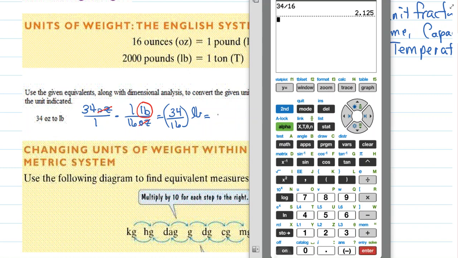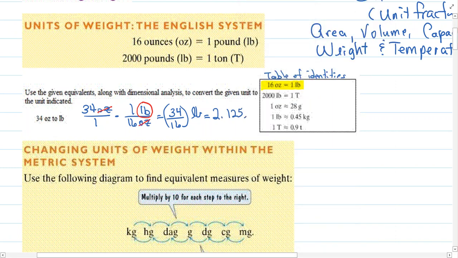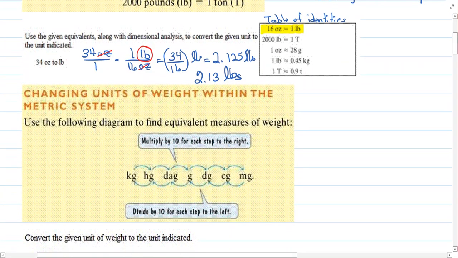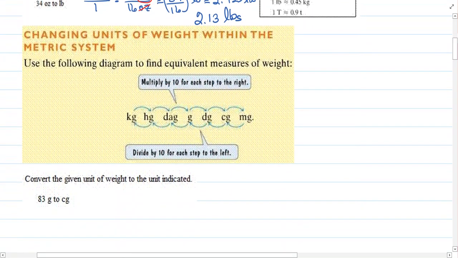And I'm going to get 2.125 is in pounds. Now, we usually do it to 2 decimals, but you answer the questions in the direction that they want. Sometimes they want 1. So that's nothing new to what we've done all along.